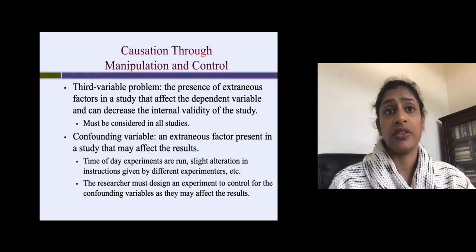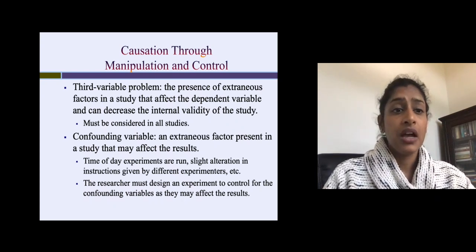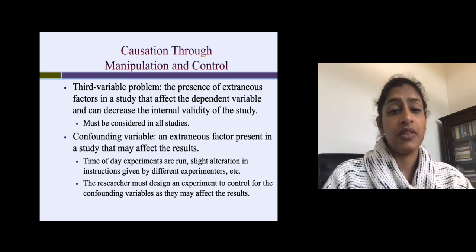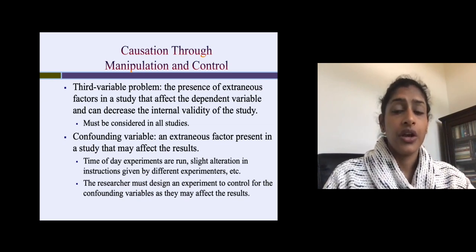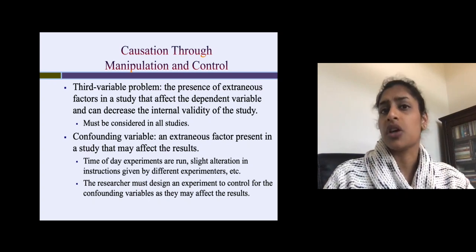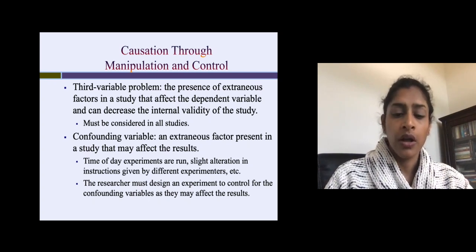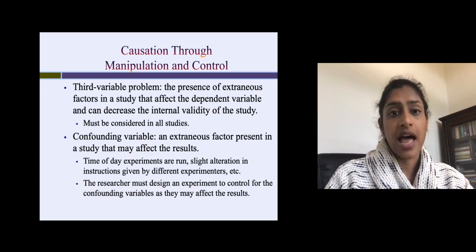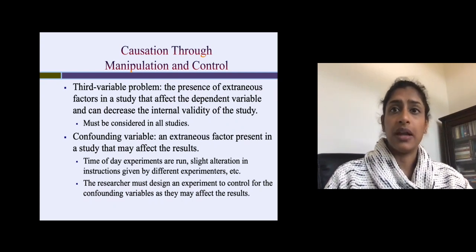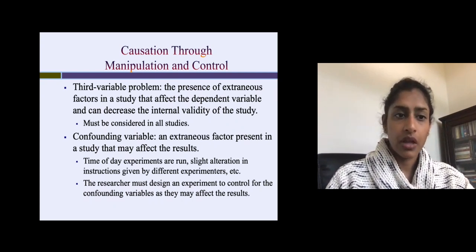Frequently, in experimental design, we use these extraneous factors as a control in our research design. I can talk to you about that a little more during our class, about how we can set that up.